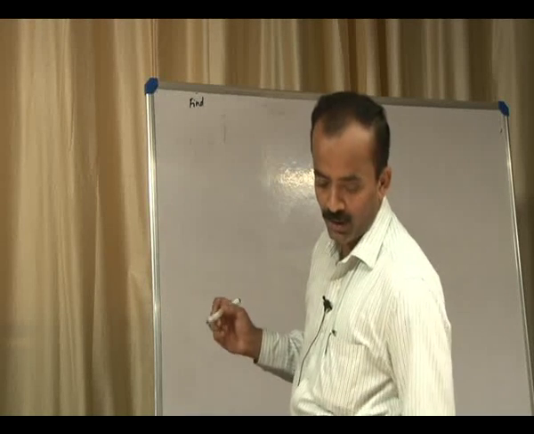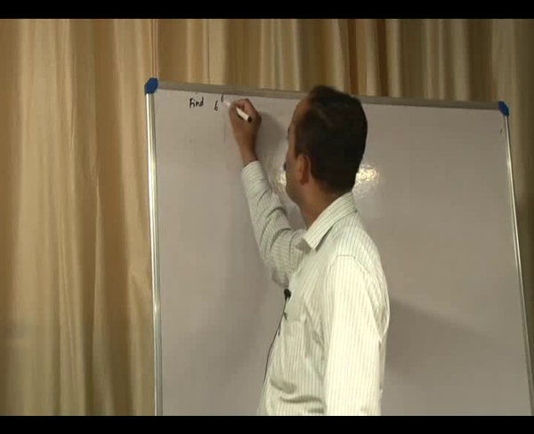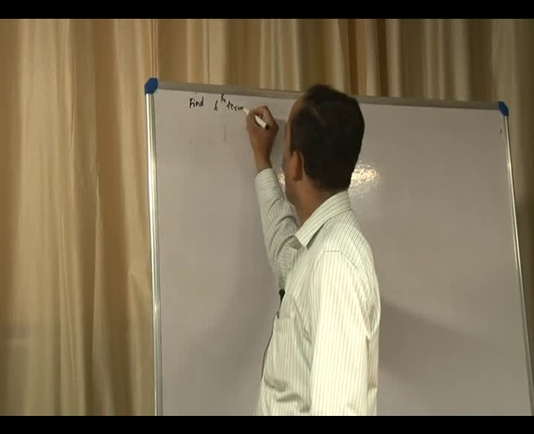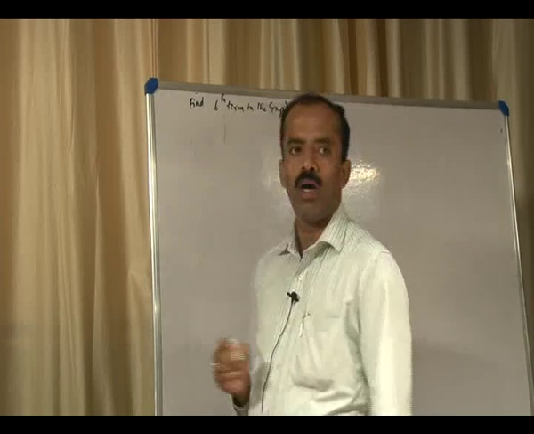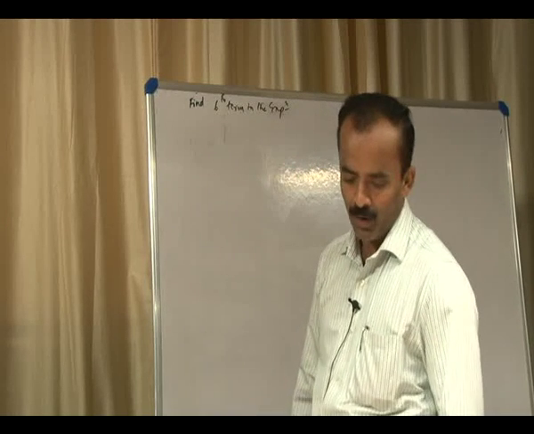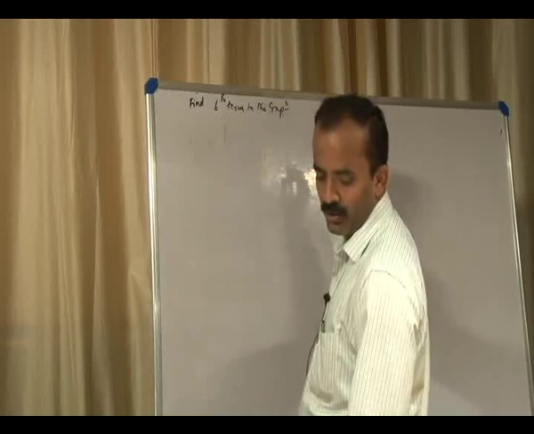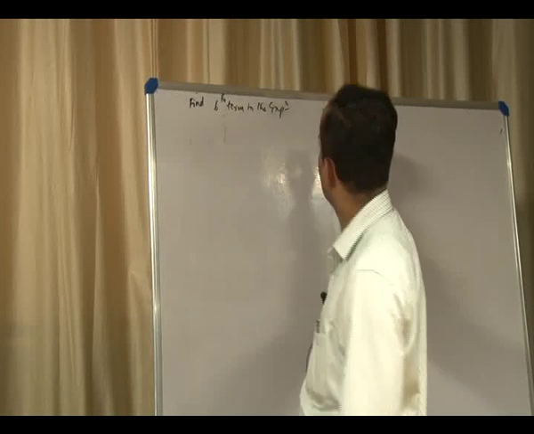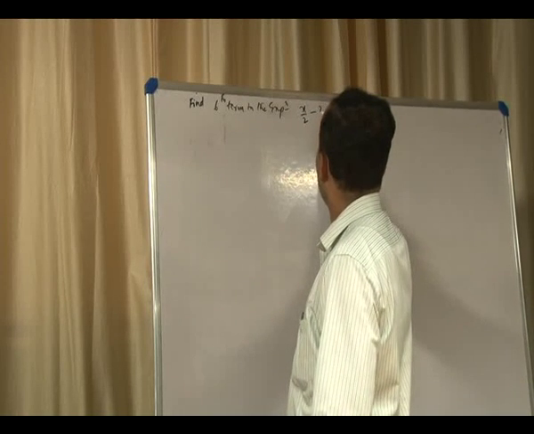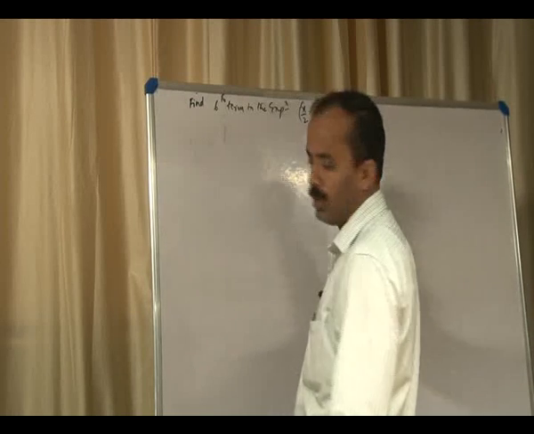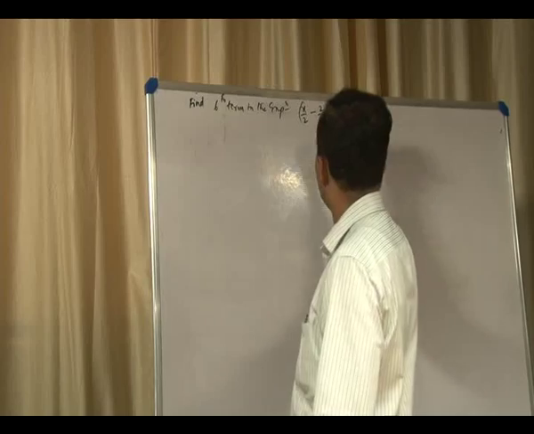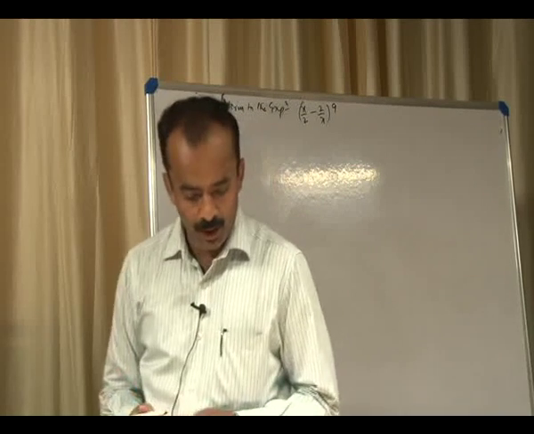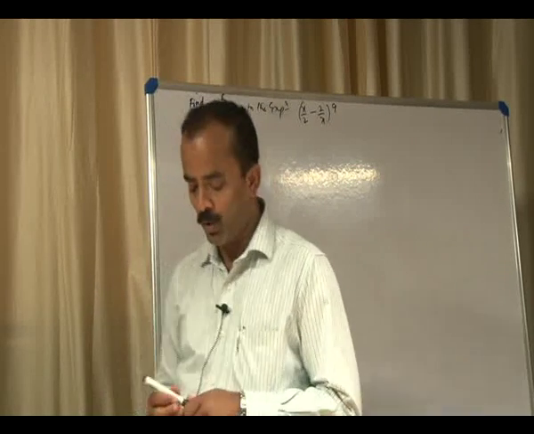Find the 6th term in the expansion of (x by 2 minus 2 by x) all to the power of 9.